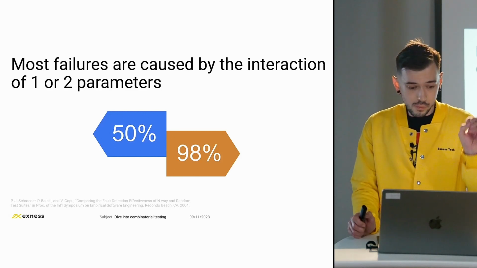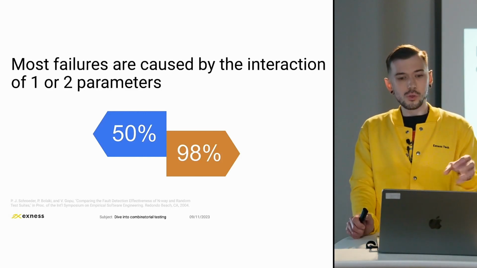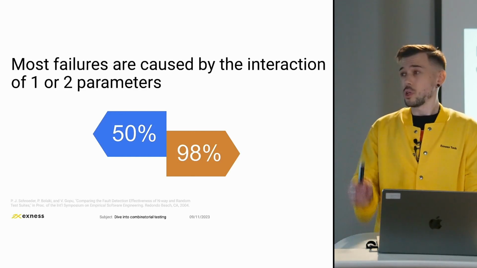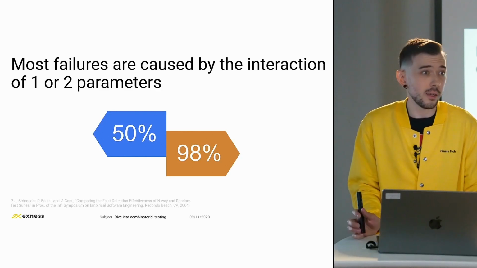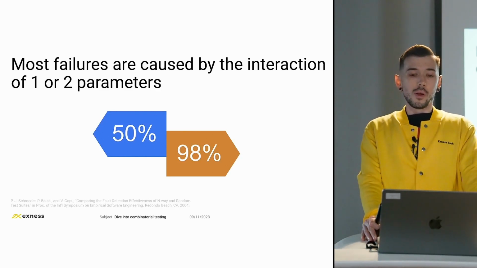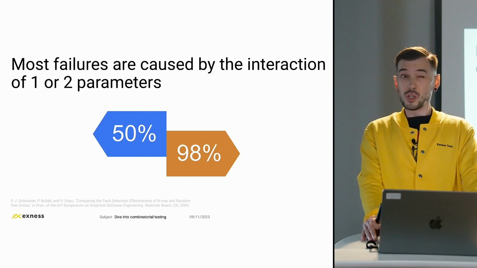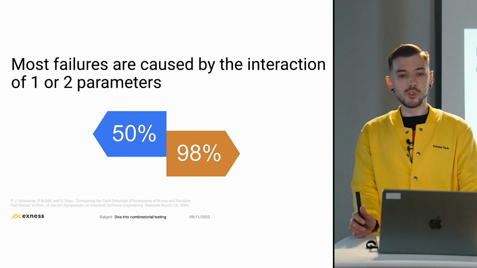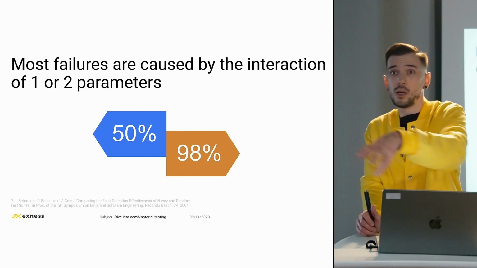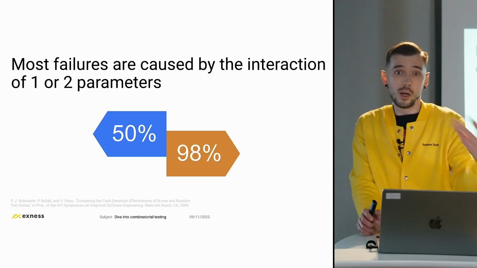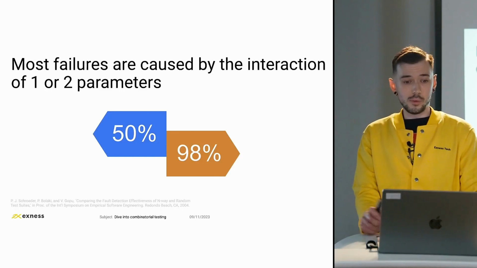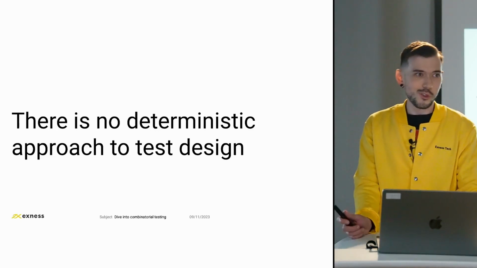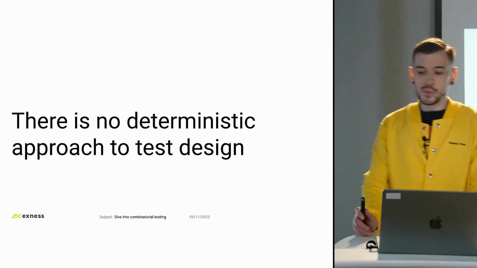But I think you need to think about it as just another tool, because the 98% that we saw in this study, which Copeland referred us to, seems to be not the real case. With a high chance, we will be somewhere around 50% of combinatorial issues covered with two-way testing. And there's no deterministic approach, unfortunately. Sorry, I tried to find an algorithm to fix all your problems, but this is not the case.